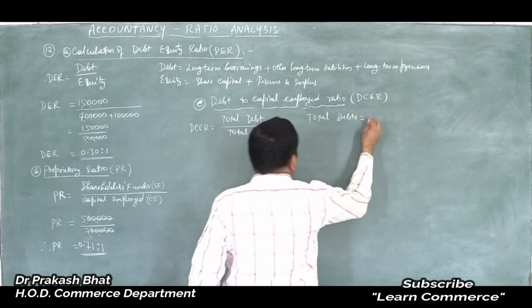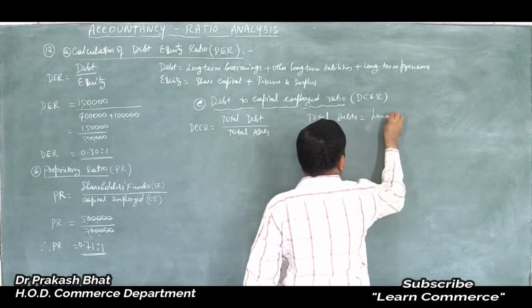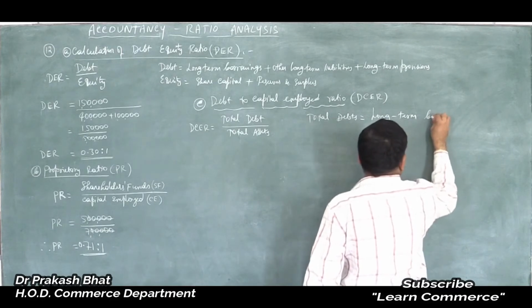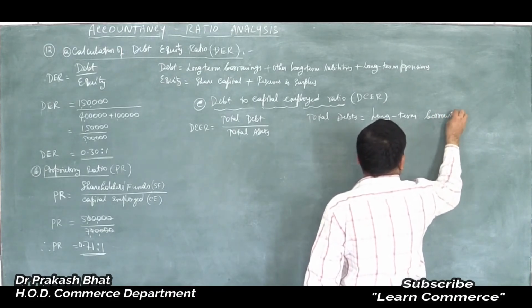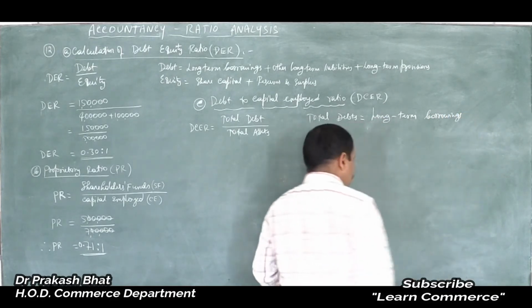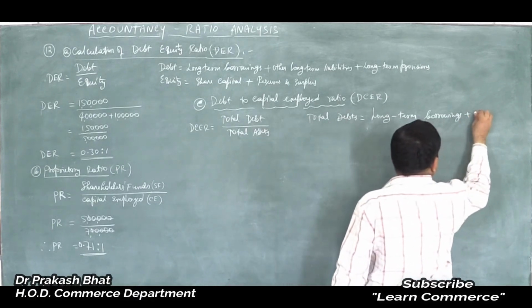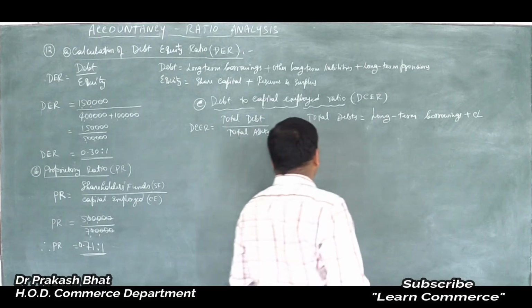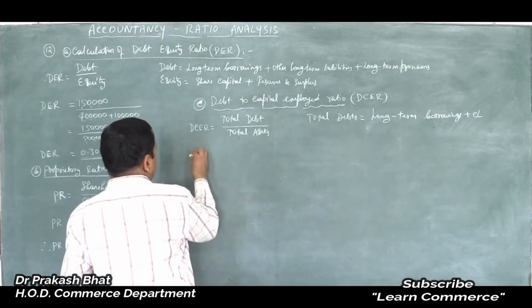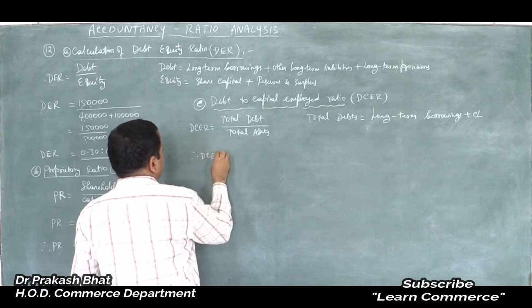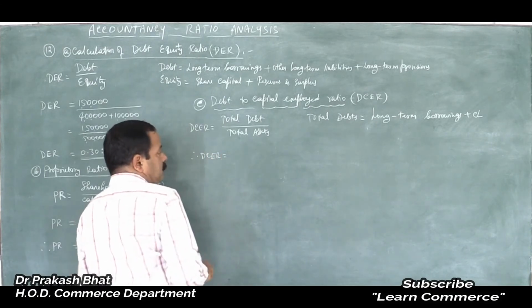Long term borrowings, isn't it, plus current liabilities. So substitute here, therefore DCER, debt to capital employed ratio, is equal to total debt.